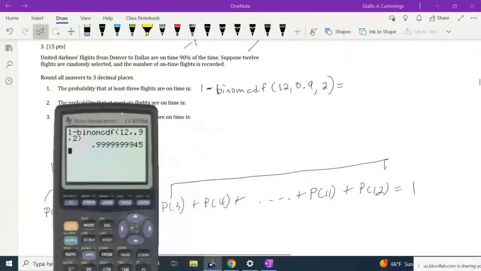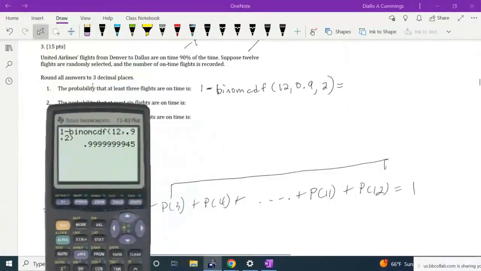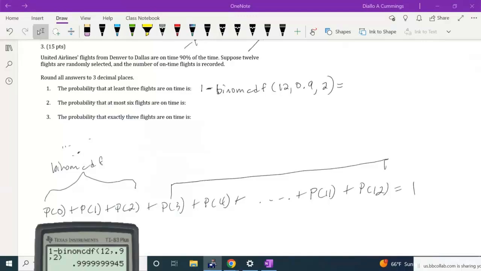So it says round to 3 decimal places. So if I look at my 3rd decimal place, and if I look 1 place over, I have to round up to a 1. I have to round up the 2nd digit, and then I have to round up the 10th place. So if you round, this actually has a 100% probability.